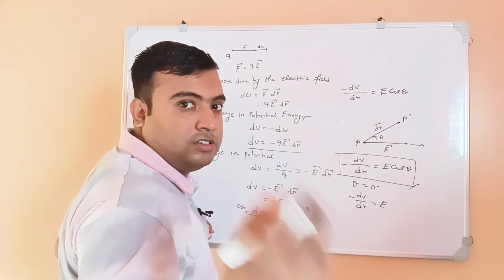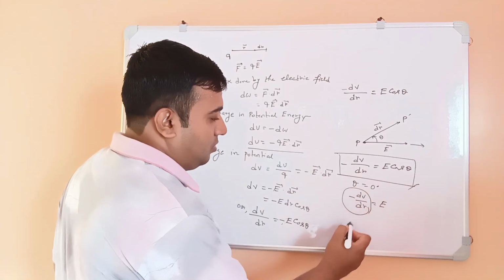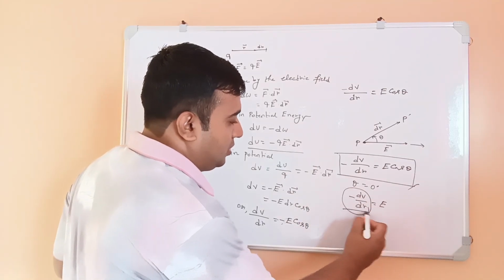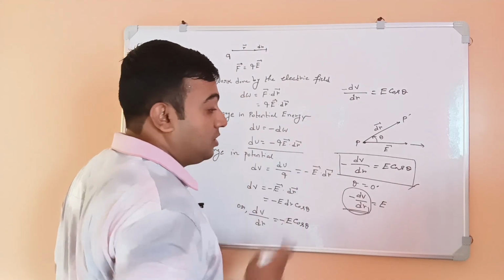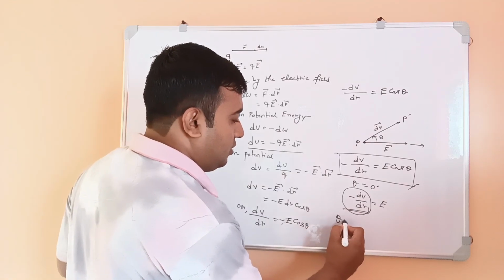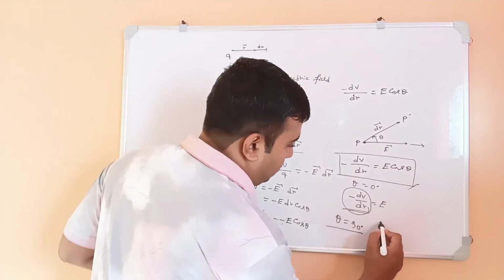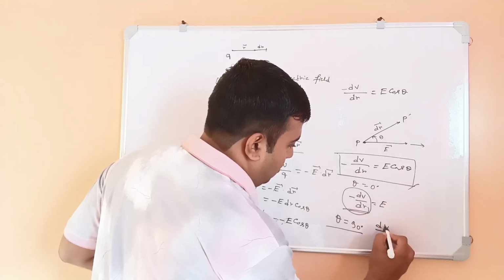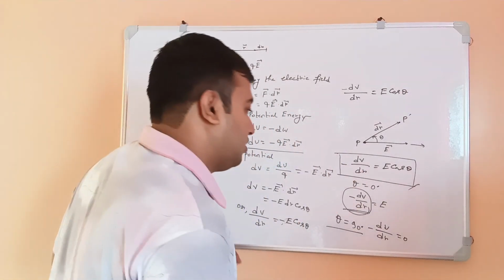So from the definition of derivative, we know that dV by dr is the rate of change of potential along the direction of electric field, and if theta is 90 degree, minus dV by dr is equal to 0, because cos 90 degree is 0.